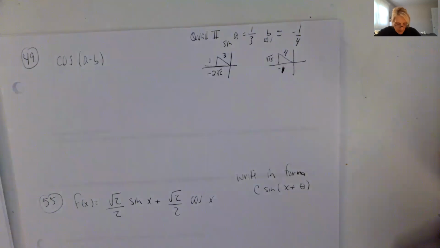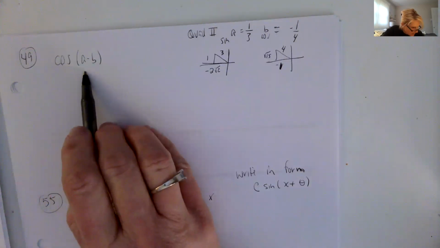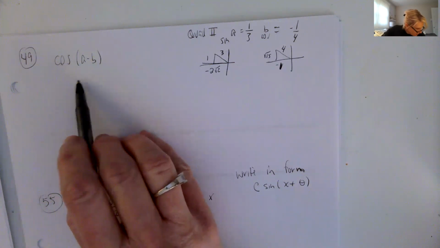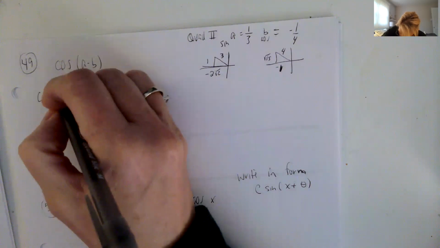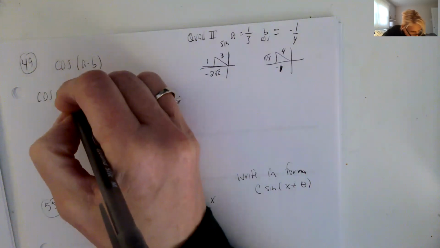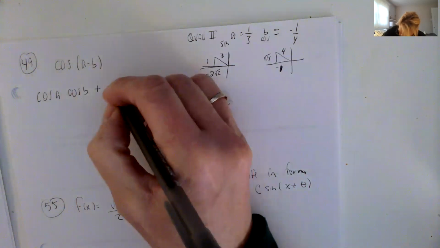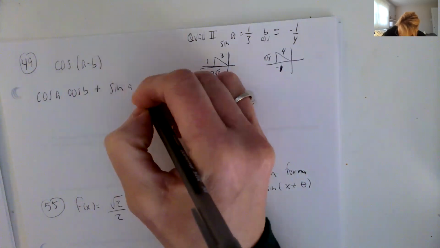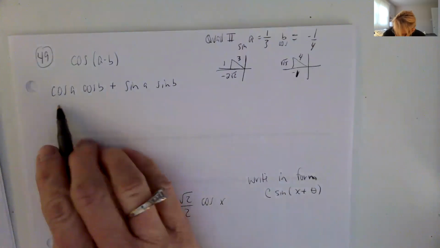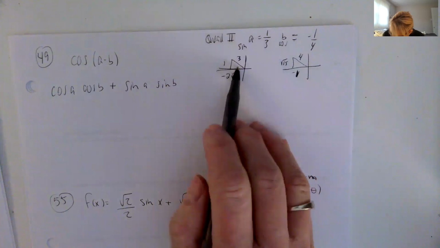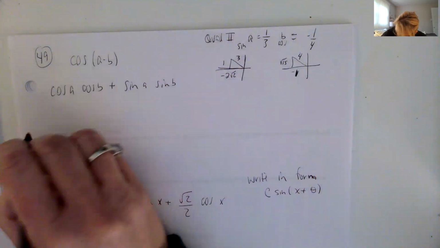Okay, so to find the difference of A minus B of cosine, let's just write it out: cosine of A times the cosine of B, and make sure I'm doing it right, plus sine of A times the sine of B. So cosine of A here is going to be the adjacent over the hypotenuse.